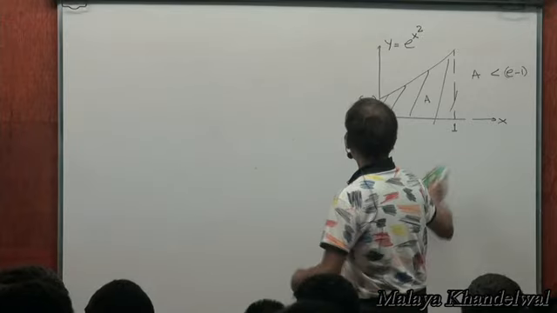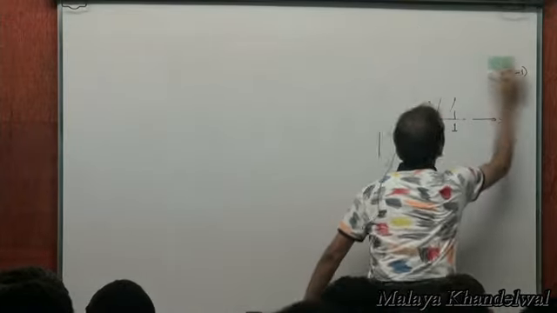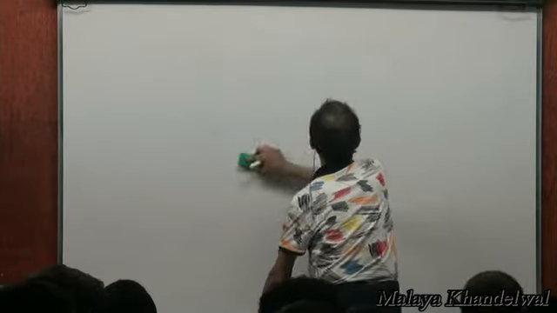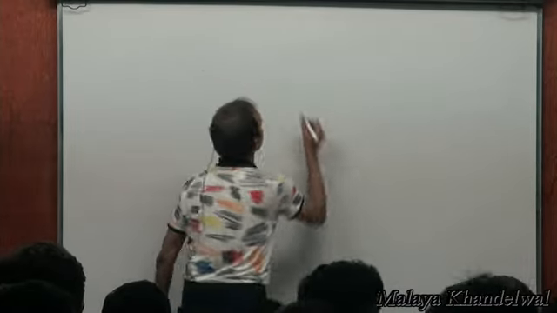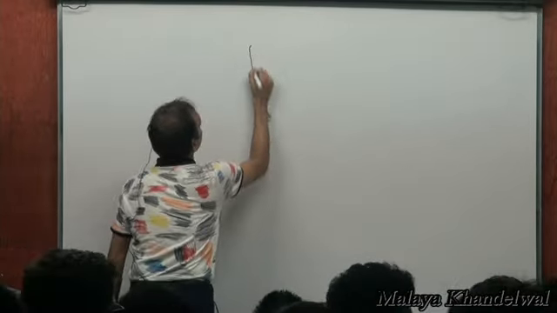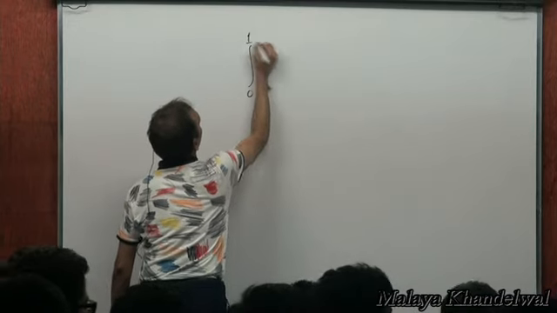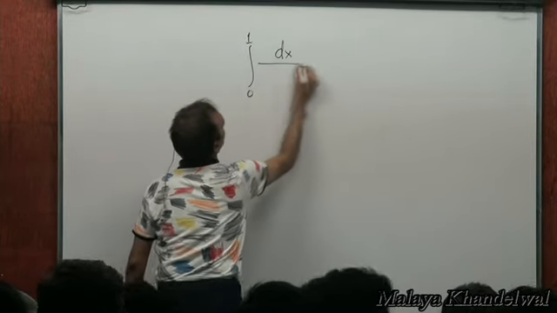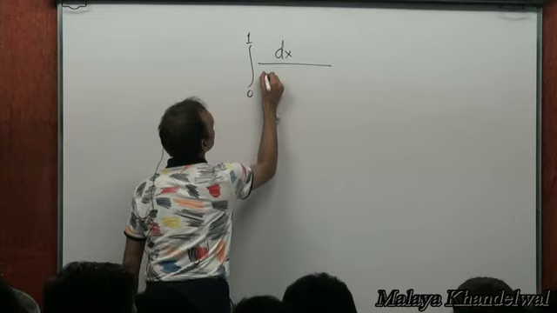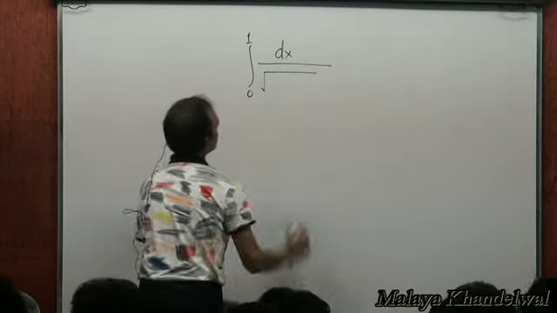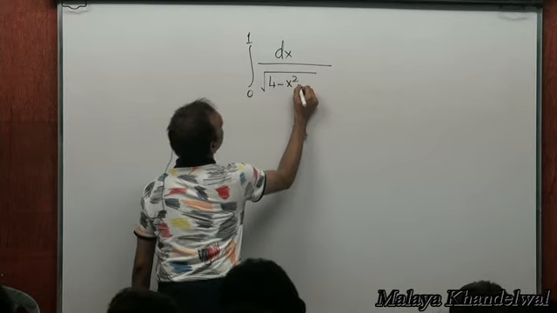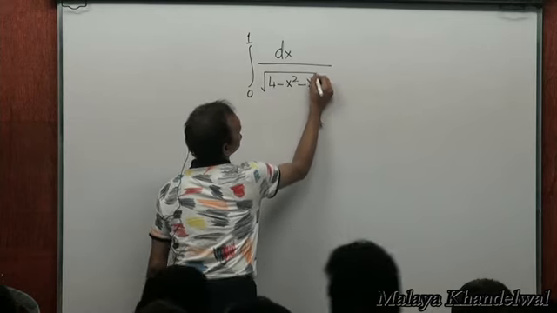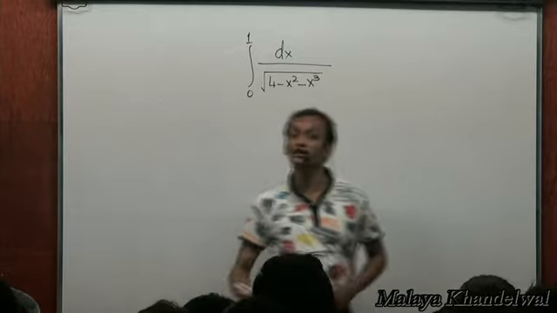Okay. Now, say I have the integral from 0 to 1 of the square root of 4 minus x squared minus x cubed. Don't even try to integrate this function.